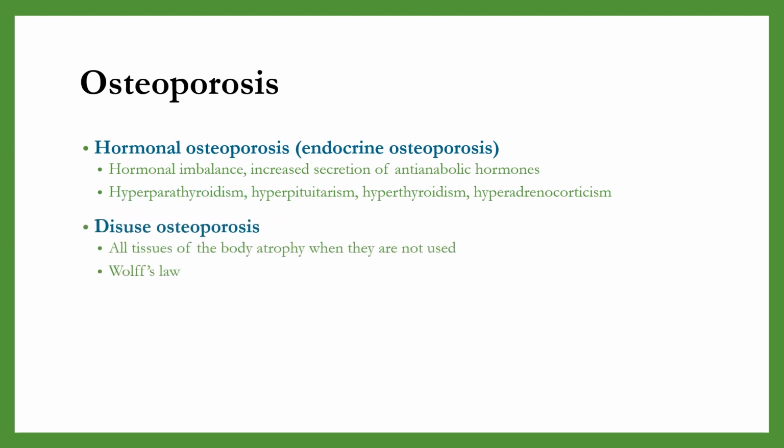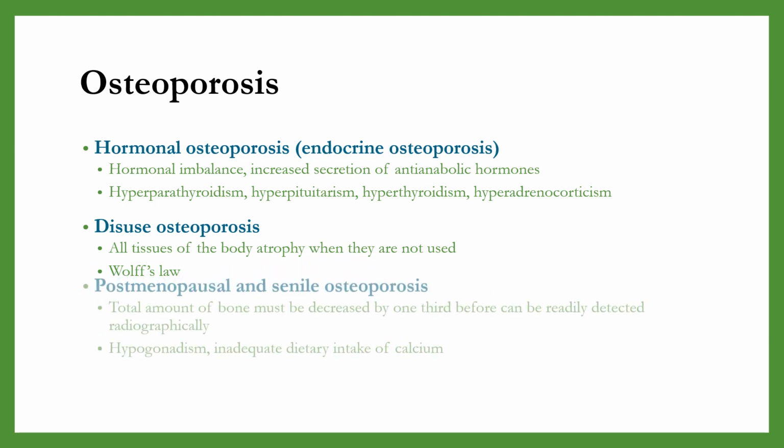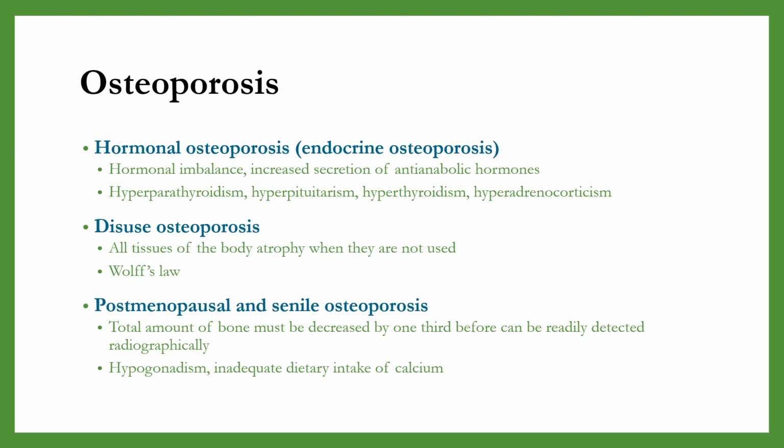Disuse osteoporosis occurs because all tissues of the body atrophy when they are not used. Postmenopausal and senile osteoporosis: the total amount of bone must be decreased by one third before it can be readily detected radiographically. There is hypogonadism and inadequate dietary intake of calcium.